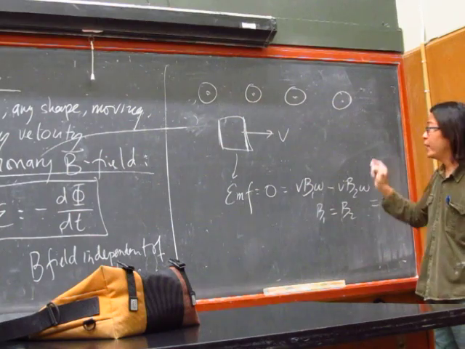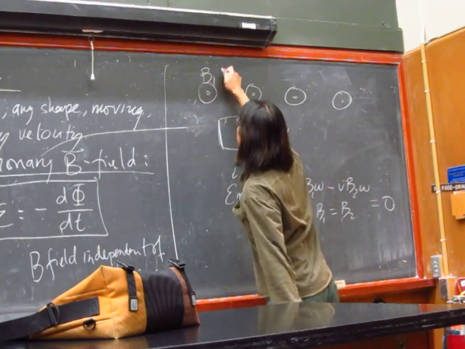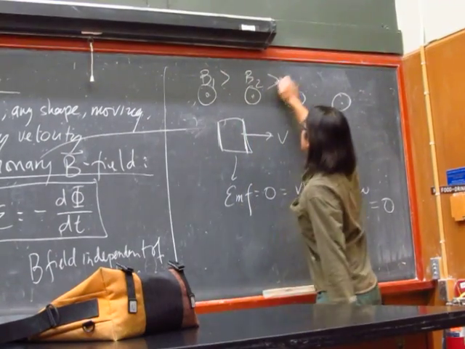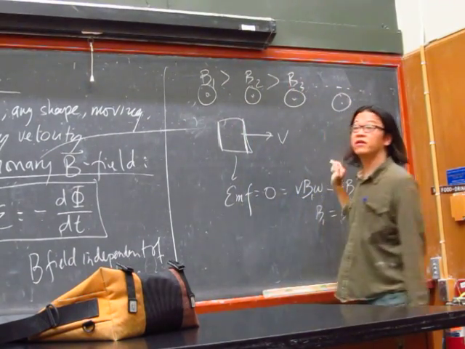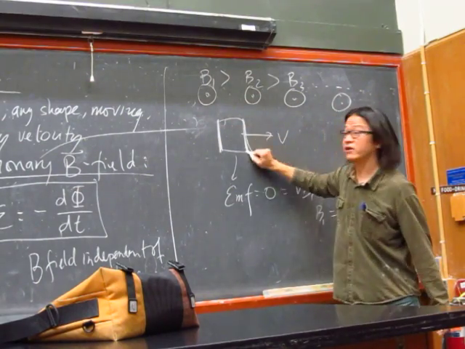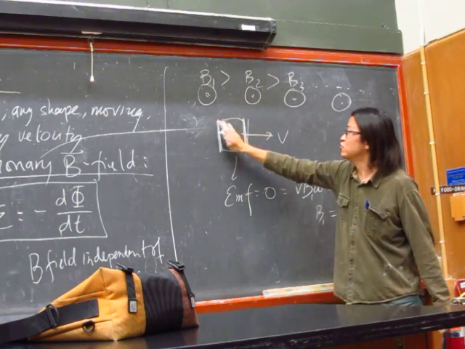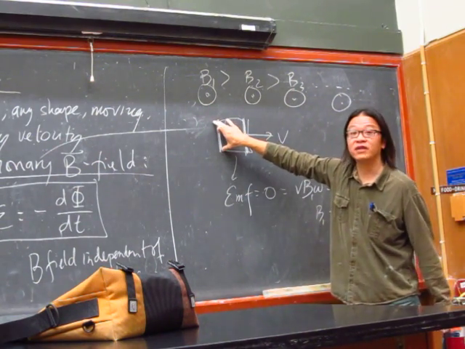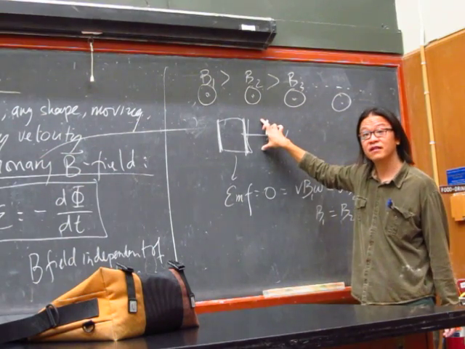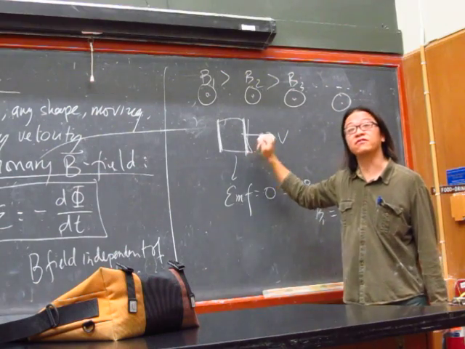Right? But if somehow the B field here is stronger, if B1 is larger than B2, larger than B3, say, and so on, right? Then the Lorentz force here is stronger than the Lorentz force there, right? So as you move, you lose more flux on the left side than you gain on the right side, right? And then you have changes in the flux.